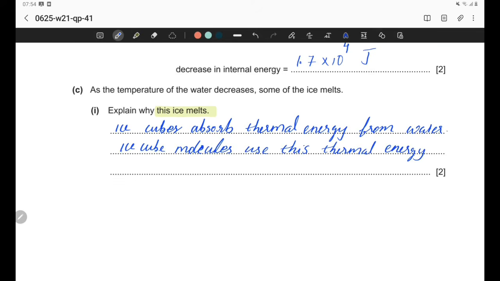Then we can write ice cube molecules use this thermal energy to break the bonds between the molecules, or to break the intermolecular bonds. So this is a 2-mark question. The important keywords are absorb thermal energy from water to ice cubes, and the second point, using this thermal energy, the ice cubes break the intermolecular bonds. These keywords must be there in your answer sheet in order to score 2 marks.